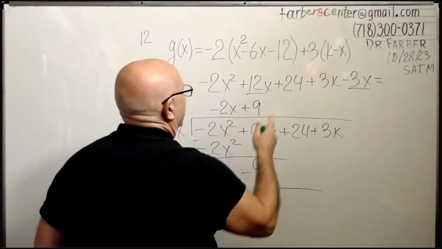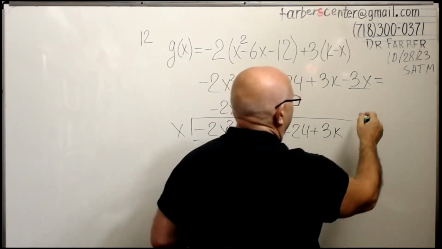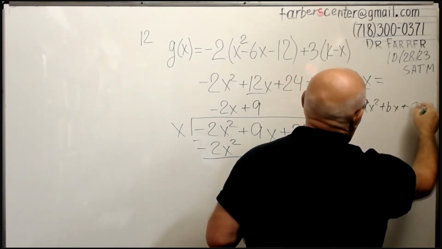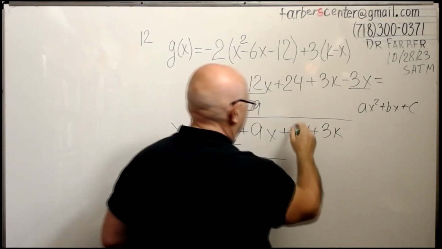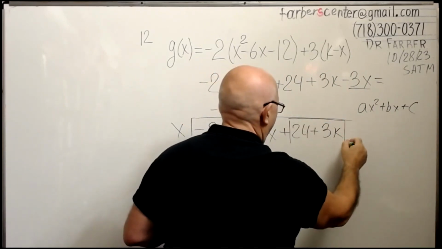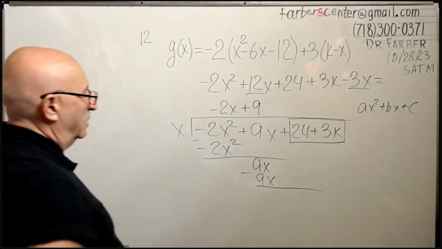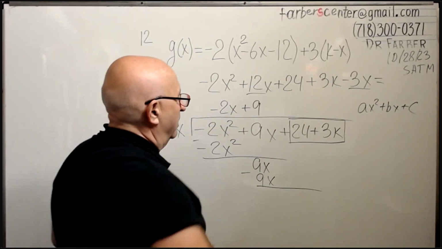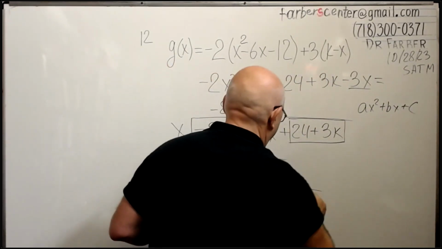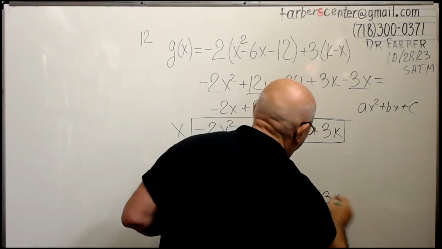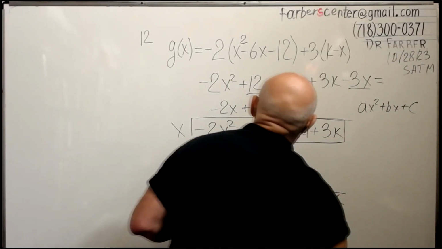This term, generally speaking, any polynomial represents ax squared plus bx plus c. This is my c, the term without x. So it's supposed to bring this c down, the next one, 24 plus 3k. And this is my remainder.